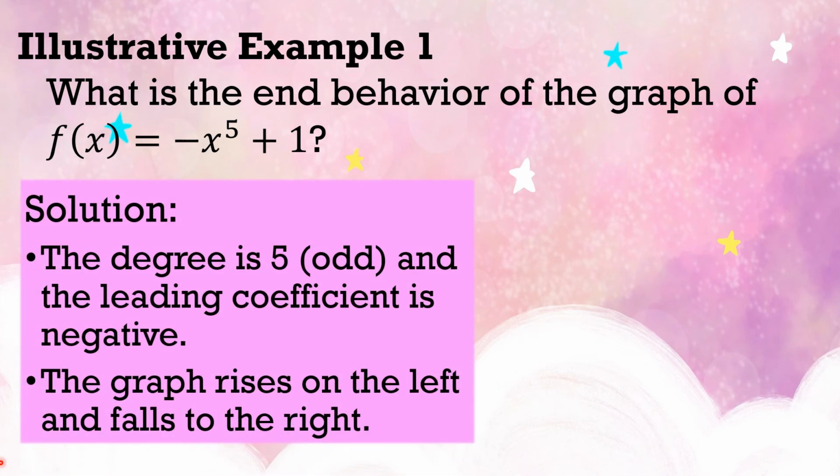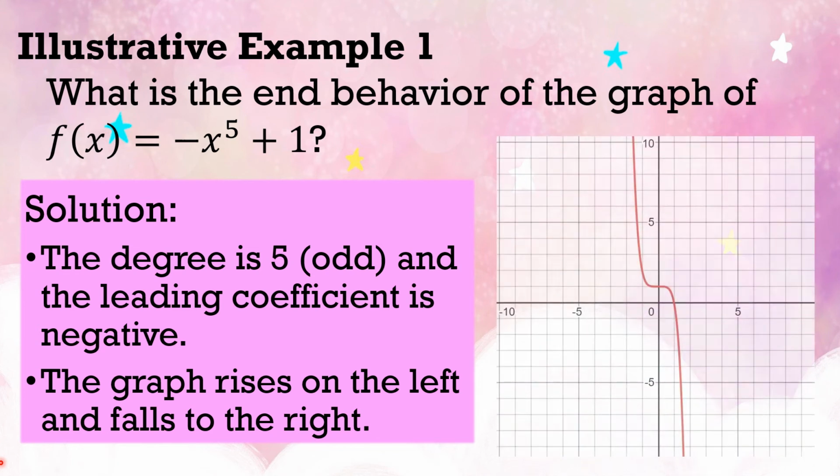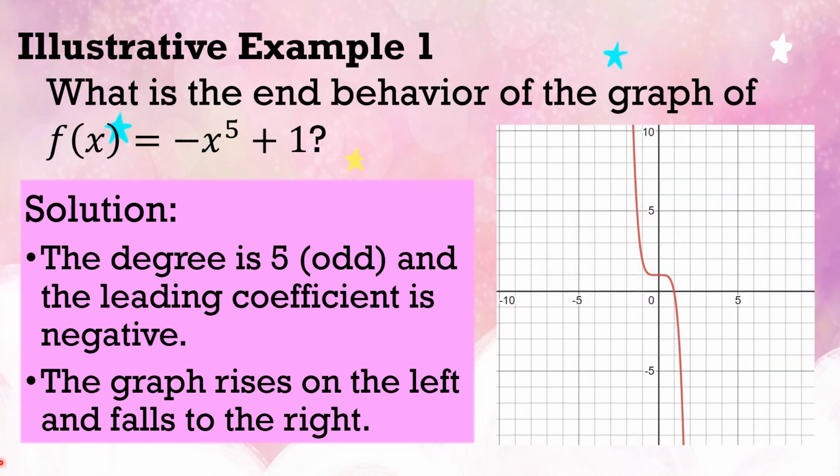So, the degree is 5 or odd, and the leading coefficient is negative. Therefore, the graph rises in the left and falls to the right. And this is what the graph of f of x is equal to negative x raised to 5 plus 1 looks like.